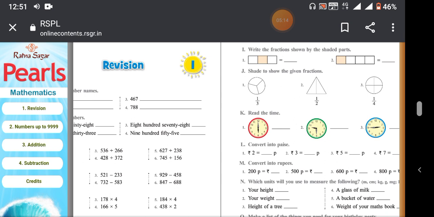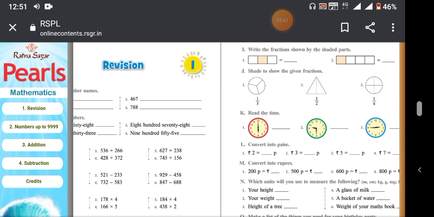Same thing for your weight, height of a tree, a glass of milk, a bucket of water, and weight of your maths book. You should write the units for these things. Then make a list of the things you need for your birthday party. List down the things which you need for your birthday party.